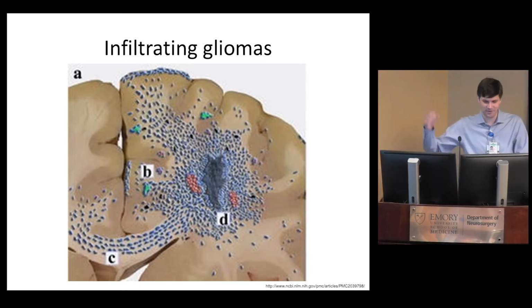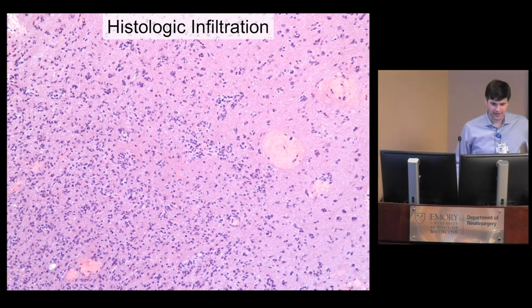Scherer was an old-time neuropathologist, practiced back when you could put your name on things. So he's immortalized. So this is, from a histologic perspective, how we think of infiltration. Your tumor mass is going to be over here, down the bottom left-hand corner more so.